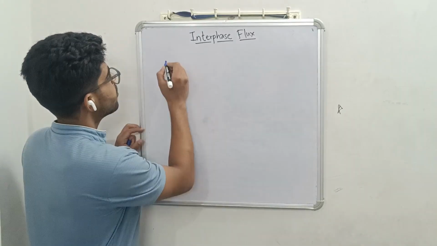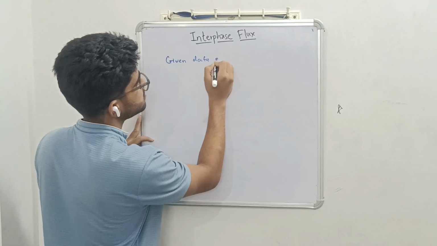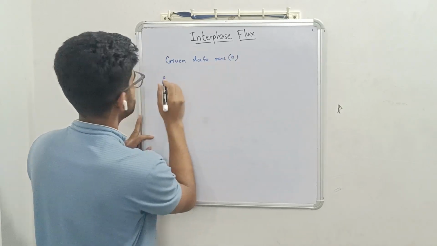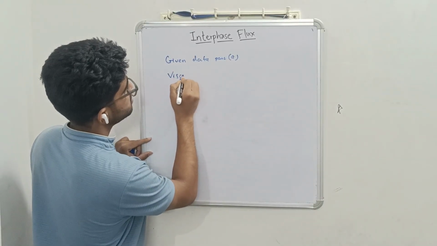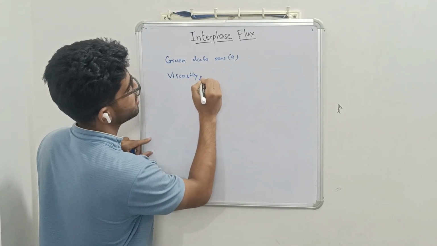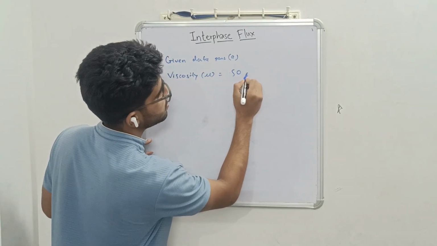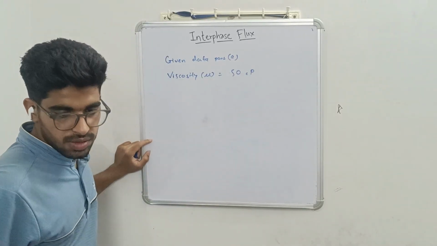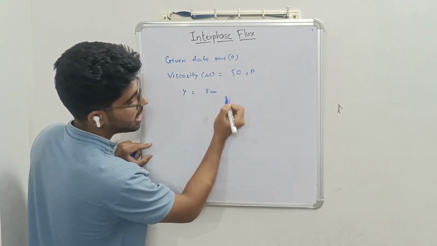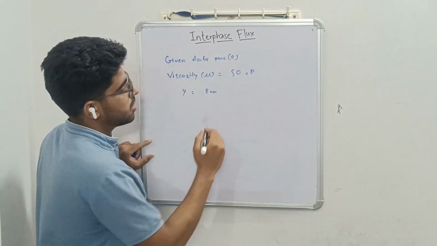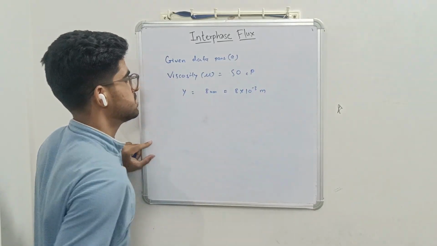So the given data for part A: first, the viscosity is 50 centipoise. The next one is plate separation, which is 8 mm in y direction. We will write it in SI unit, which is meter.